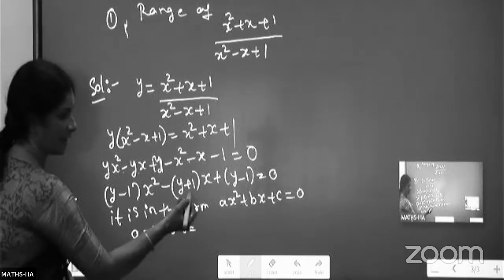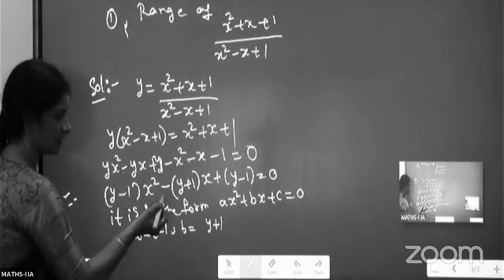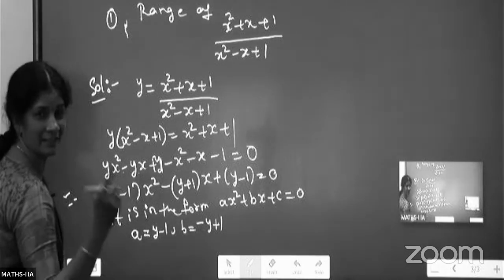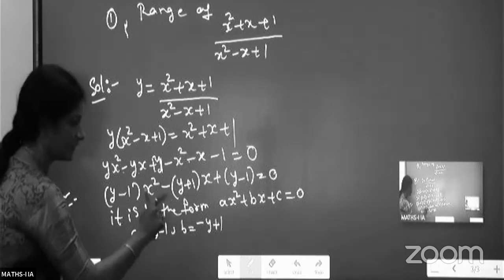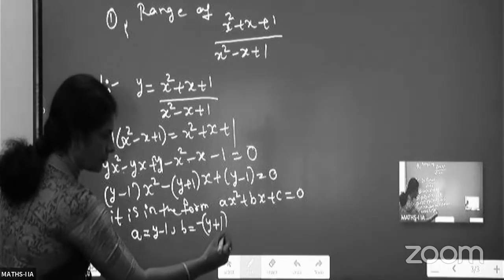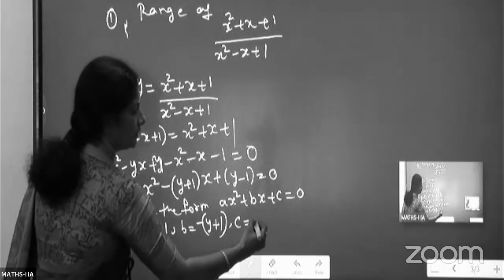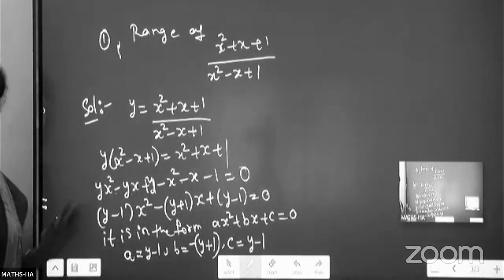Many people will write just y plus 1. But you have to see the sign also is important. Minus of y plus 1. And there is another way of writing mistake. They will write minus y plus 1 like this. This minus is for both. So you have to write bracket like this. Minus of y plus 1. And c is equals to what? Y minus 1. Up to here clear, right?